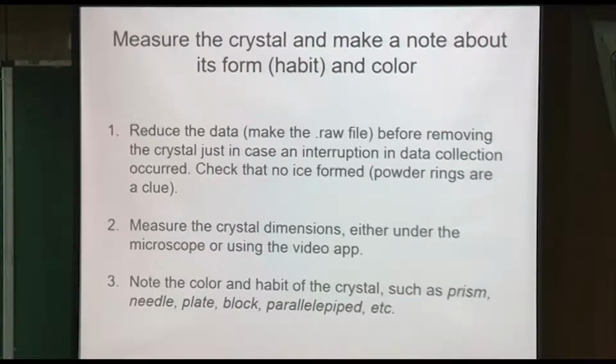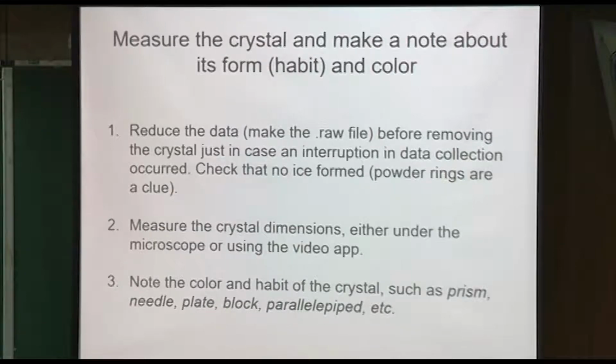I always ask the students to be there when the data collection is finished and do the integration there or else remotely, and make sure that it actually finished and there was no interruption in it. Because once you've taken the crystal off, you may not be able to put it back on. It might decompose. So make sure it really did finish the data collection, and that it didn't grow a big ball of ice around the crystal, which sometimes happens.